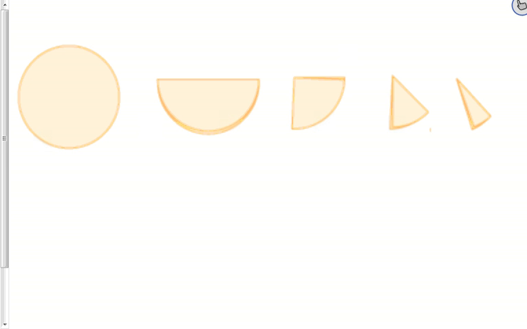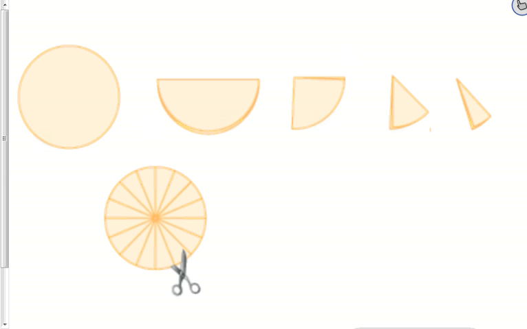So now, if we unfold that circle, we now have our circle that looks like this, right? It's a circle that's broken into a bunch of sort of triangles. Now, if we took a pair of scissors and we cut out all those triangles and we rearranged them, we could rearrange them like this.